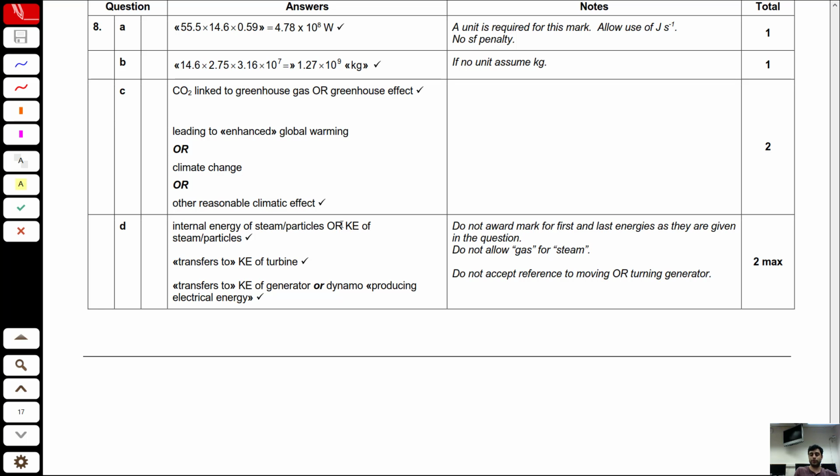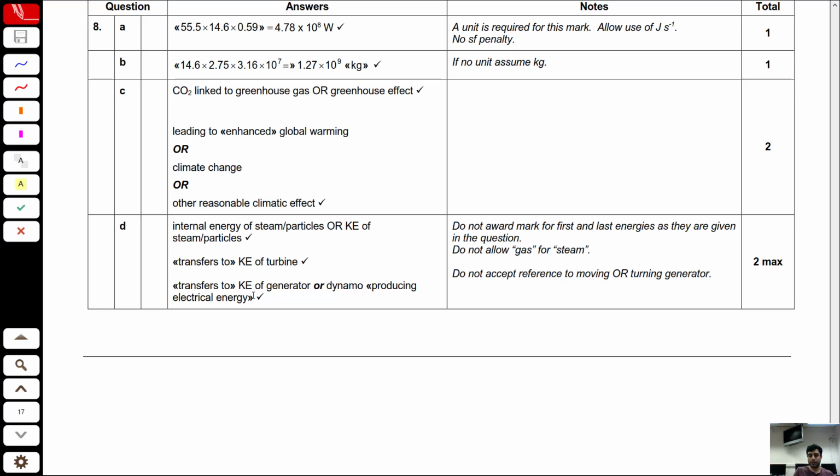So first of all, the chemical energy of the fuel is converted into internal energy of the steam. The internal energy of the steam mostly consists of kinetic energy because the steam moves at a very high pressure. And that high internal energy steam with high pressure causes the turbine to move.